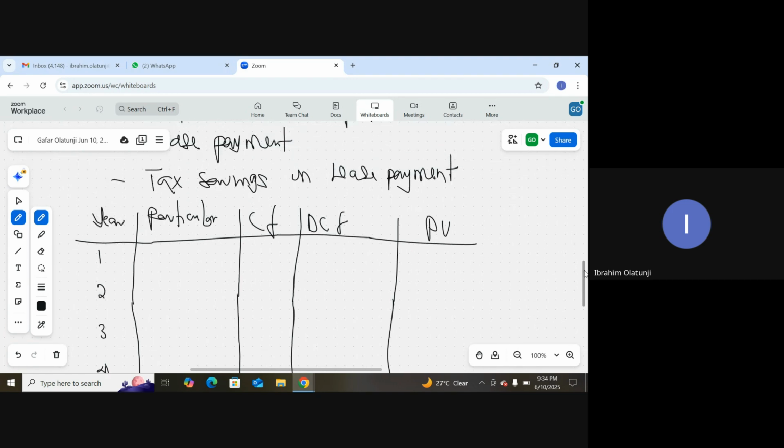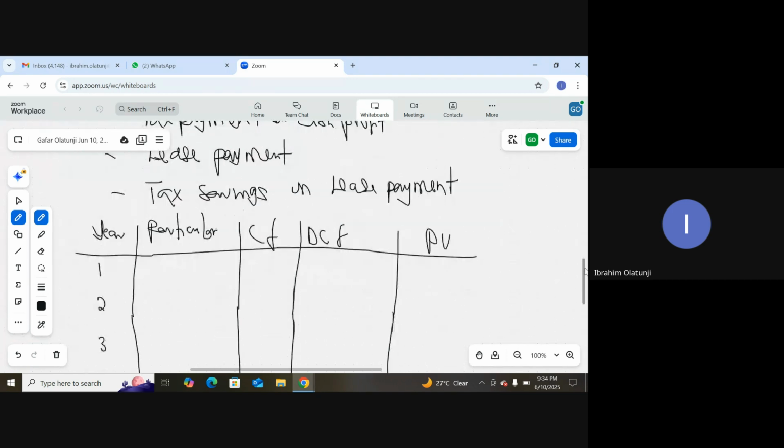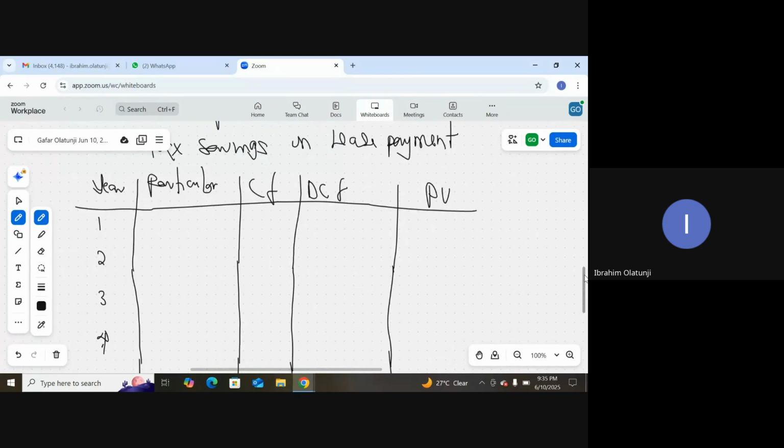This one will not start with initial outlay, because I told you that under the traditional approach, when we are computing for NPV, that is where you make use of initial outlay, because that has to deal with investment. But under the modern method, when you are starting with borrowing, when you are computing your NPV, you will not start with initial outlay.